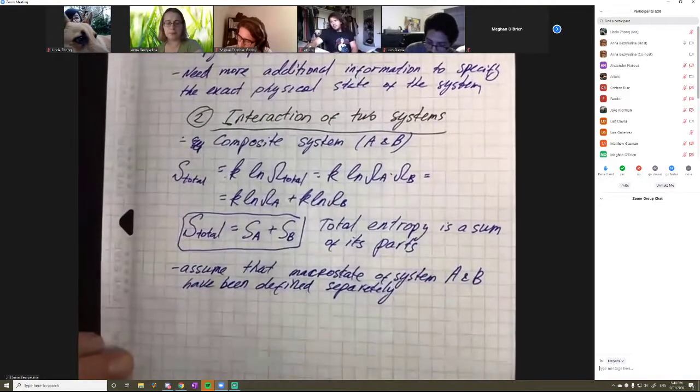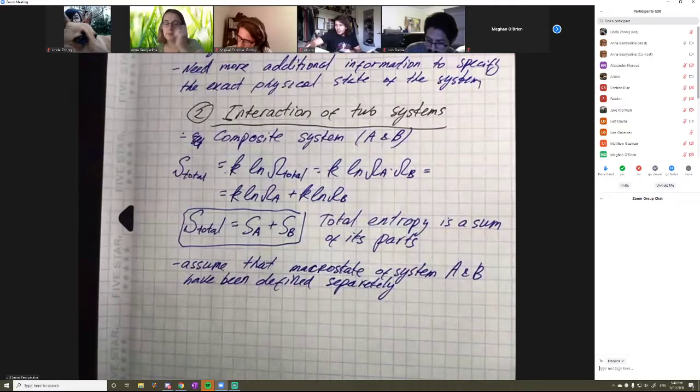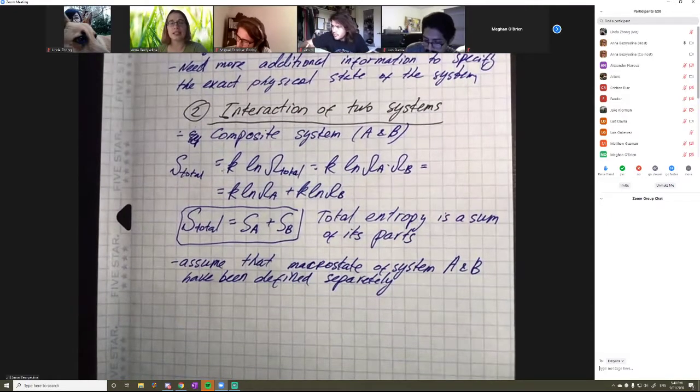Okay. So now if there are systems A and B and they can interact with each other, what will happen? There will be some fluctuation in time.